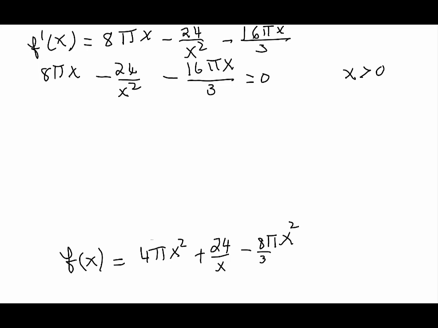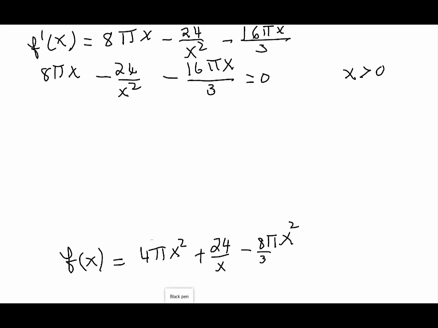In order to have a positive volume, we will have to have that. Now to solve this for x, let's multiply by 3x squared, which we are allowed to because x is not 0.